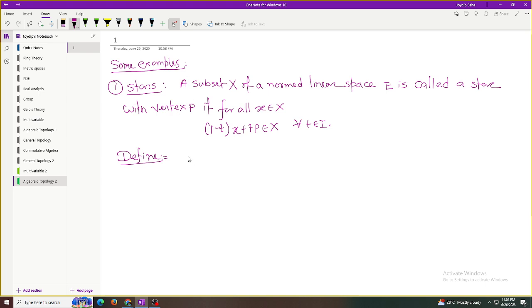Define h: X cross I to X, (x,t) goes to (1 minus t)x plus tp, then h is continuous.